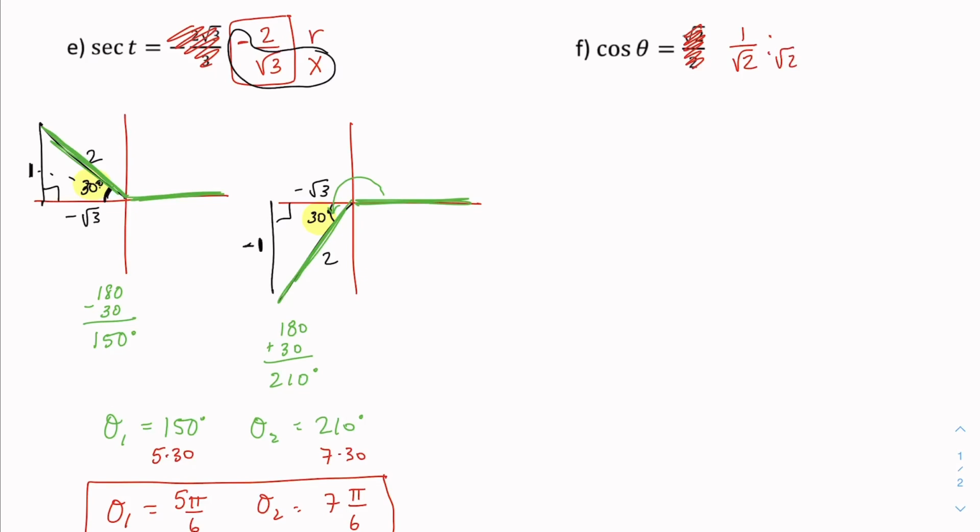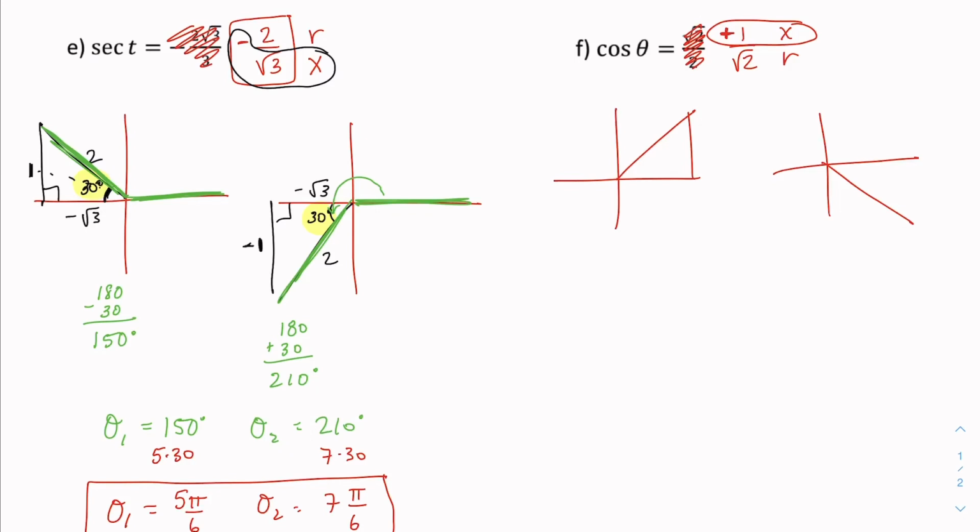Because if I rationalize, I would get root 2 over 2, which is what the question wanted. So let's rewrite it like this, then write x over r. Now r is always positive, so that means my x has to be positive. So we're going to be in quadrants 1 and 4. Can you see why? Because they're both to the right.